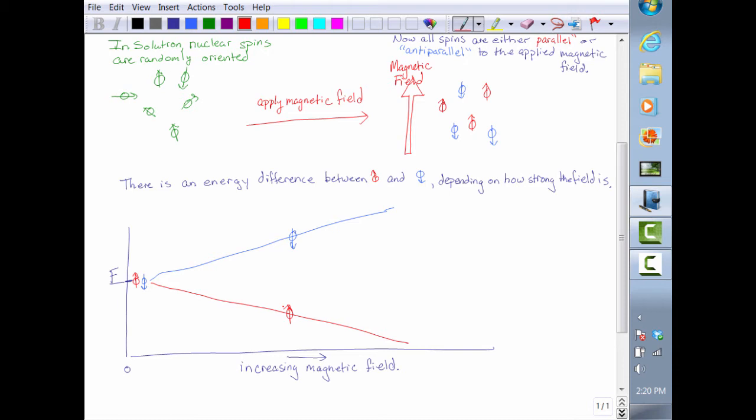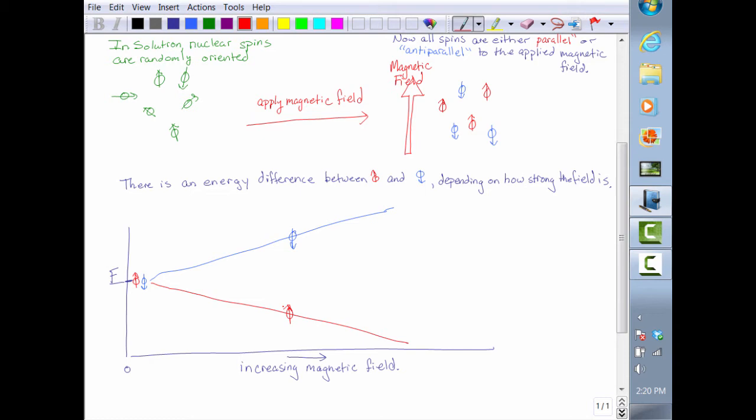So we apply a magnetic field to a sample, and we split the energy levels. And if just the right amount of energy is added, you can actually bump the red spins up to the blue, and then they can fall back down. And you can measure the amount of energy it takes to bump one up, and that tells you something about the nucleus. And it will actually allow us to determine structure of a molecule.